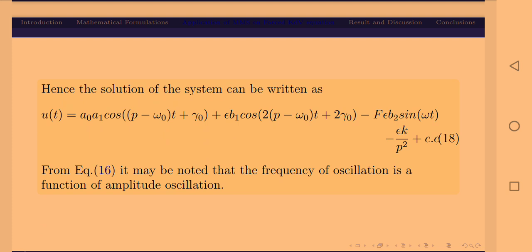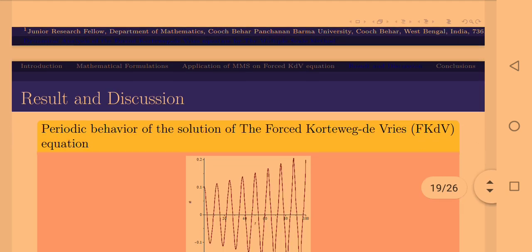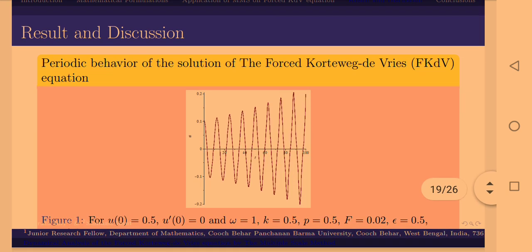Now, from the above calculation, we see the periodic behavior of the solution. Taking the values of different parameters, the time response has been plotted. Graph of displacement versus time is presented for multiple scales. Also, it is noted that the response of the system increases linearly.